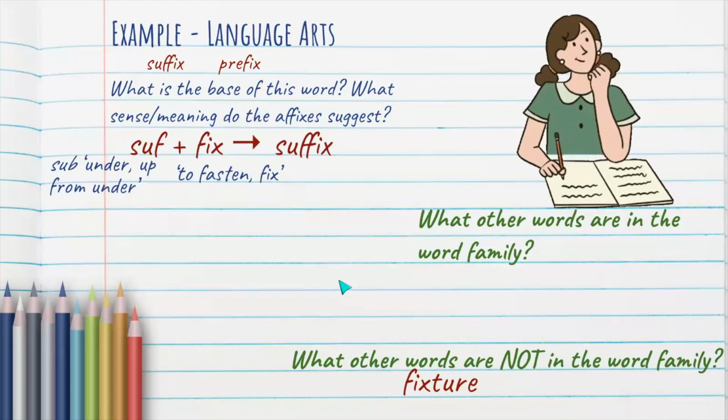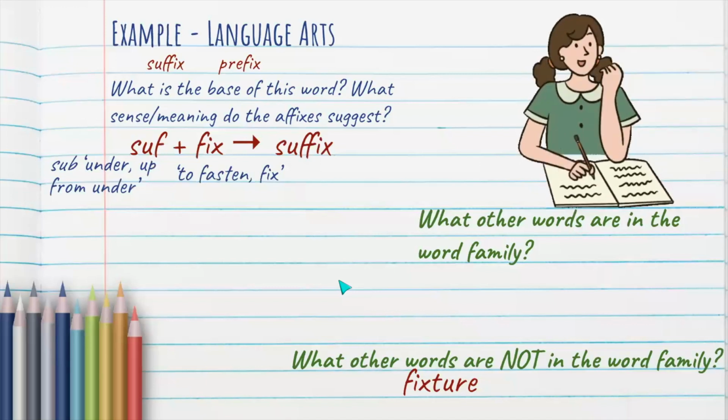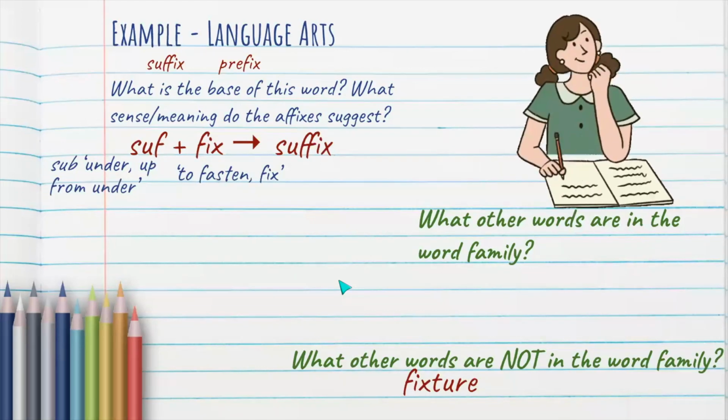So SUF is an assimilated form of SUB, meaning under, up from under. How assimilated prefixes work is, think of them like chameleons almost, but they can change their spelling, their structure, depending on the base they're attached to. If you said the word subfix 5 times fast, you eventually get to the word suffix.